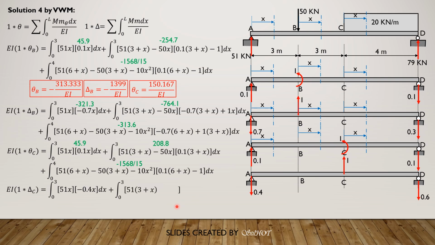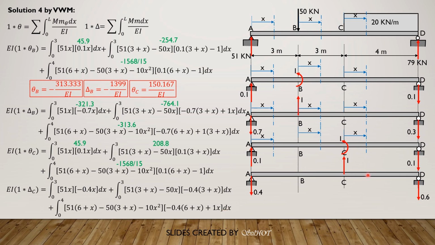Then plus integral from 0 to 3 of 51 times (3 plus x) minus 50x times negative 0.4 times (3 plus x) dx. Then plus integral 0 to 4 of quantity 51 times (6 plus x) minus 50 times (3 plus x) minus 10x squared, times negative 0.4 times (6 plus x), then plus 1 times x.